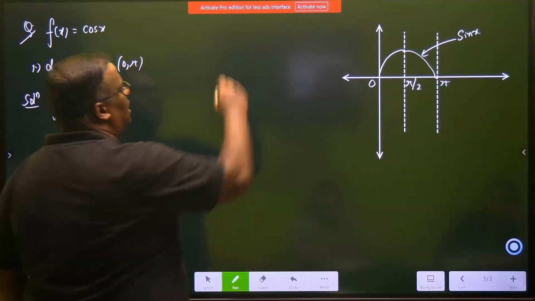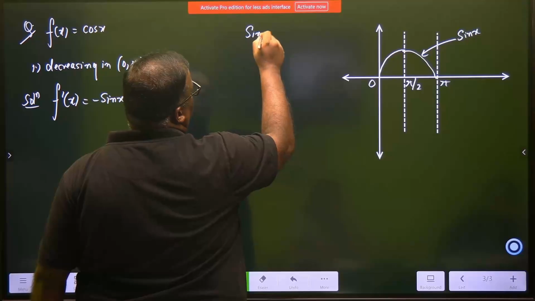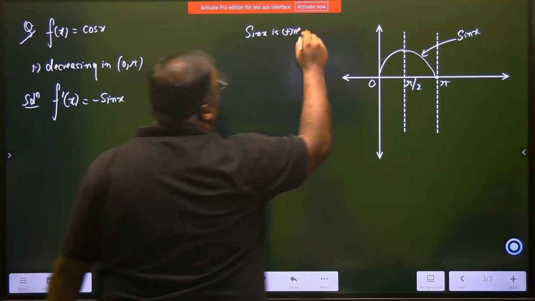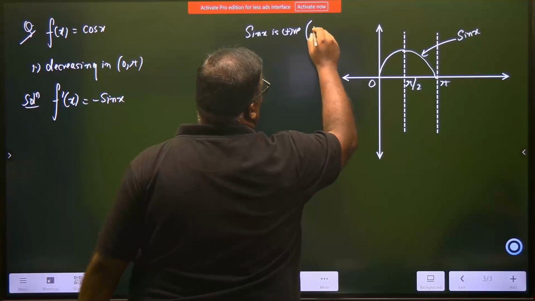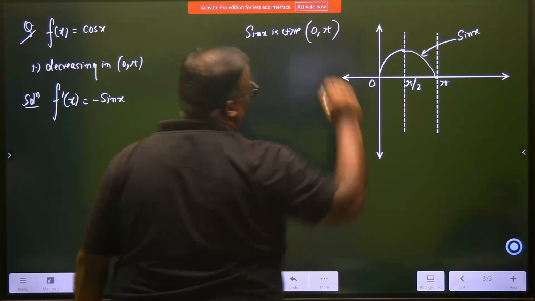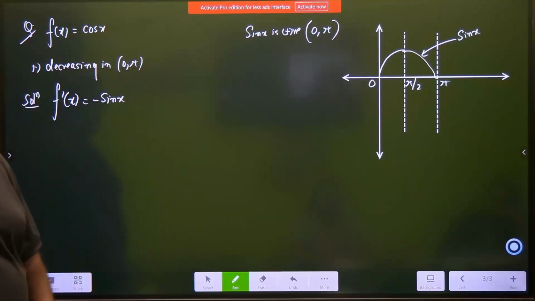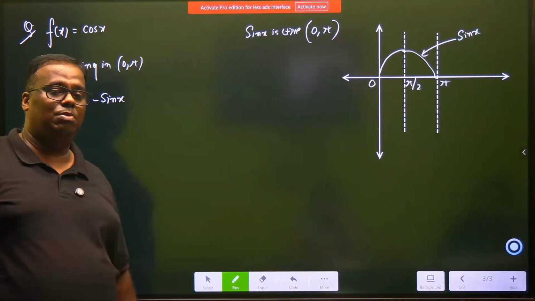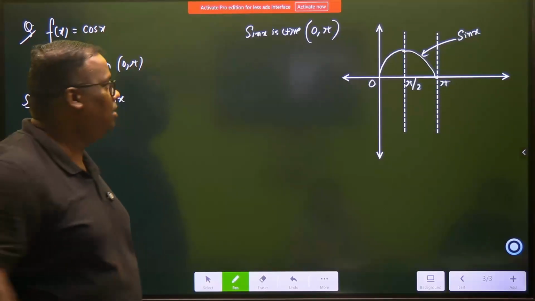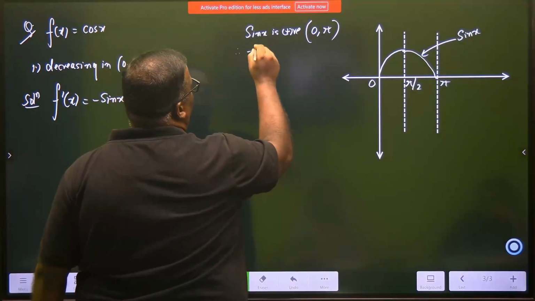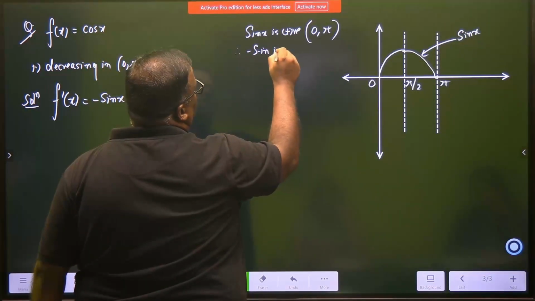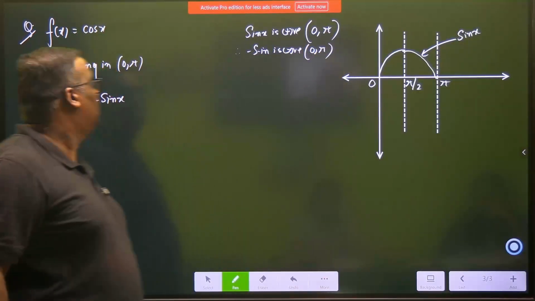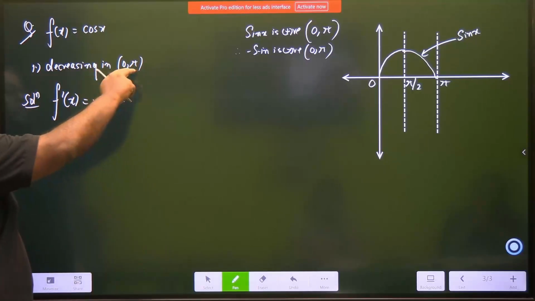So if you see, sine x is positive in the interval 0 to pi, right? Sine x is positive, so minus sine x will be negative. Therefore minus sine x is negative from 0 to pi. Have you understood this or not? So they have asked us, show that it is decreasing.